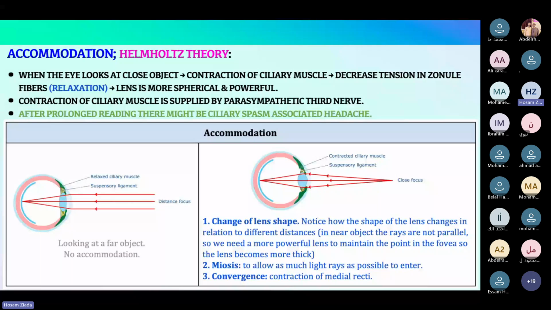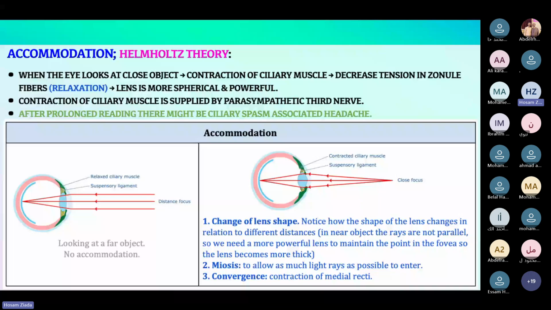So we are recommending for all persons to take a break after 45 minutes of reading because of what? To relax the accommodation and to avoid getting asthenopia, which is the ocular pain due to accommodation spasm or ciliary muscle spasm. And all events happening in the accommodation, you'll find them in the right side of this table.